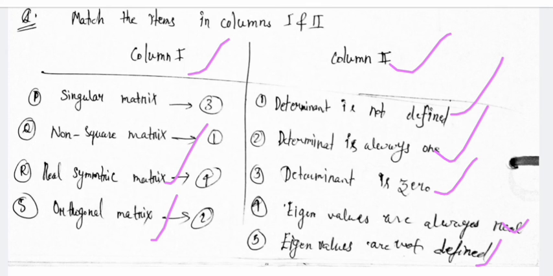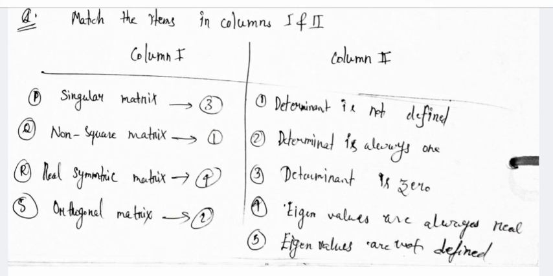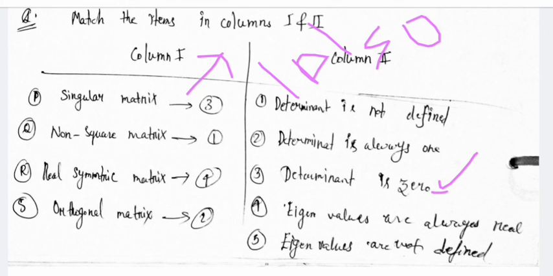Okay, now we match both. On this basis, the singular matrix has a determinant that is always 0, which is answer number third. Now P is the non-square matrix. In the case of a non-square matrix, the determinant is not defined, that is first.